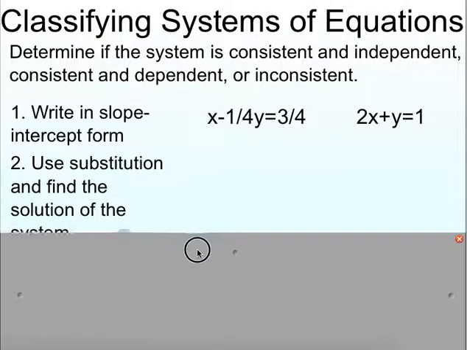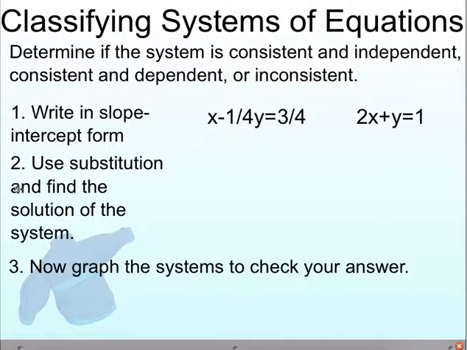Okay, so let's decide what we have here. So the first one, we are given x minus 1/4 y is equal to 3/4, and 2x plus y is equal to 1. Well, let's go ahead and substitute to see what happens. So let's say we get y by itself in this one. So we have y equals -2x plus 1.